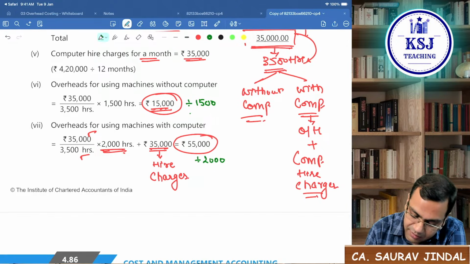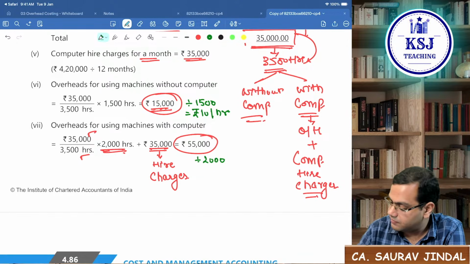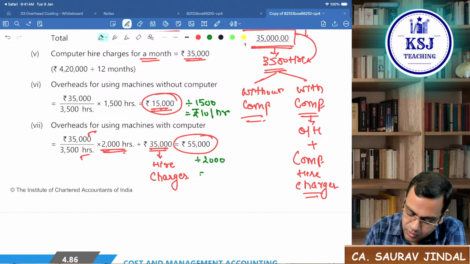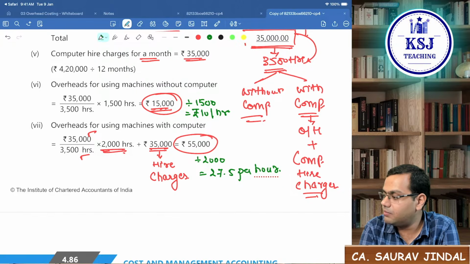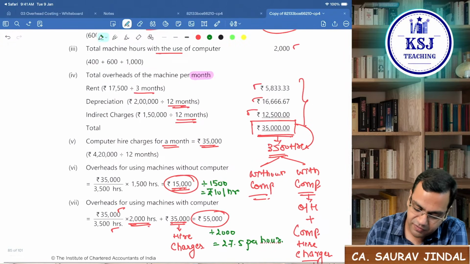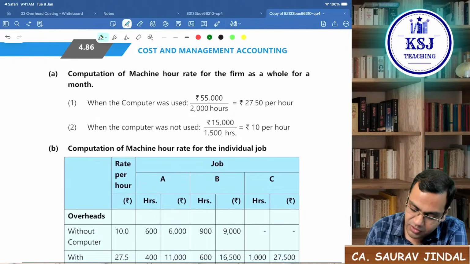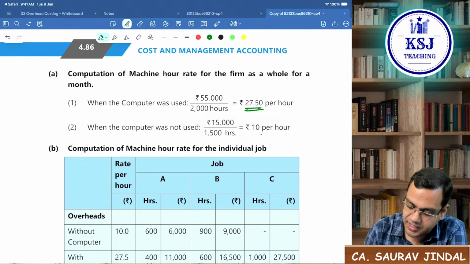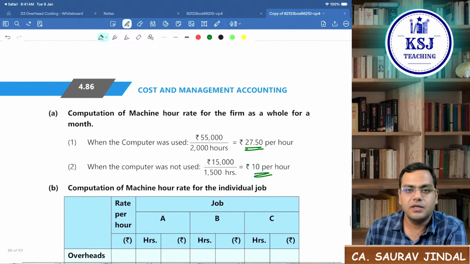So this will come to rupees 10 per hour, and 55,000 divided by 2,000 will come to 27.5 per hour. This is what they were asking for: the machine hour rate. With the use of computer, 27.5 per hour, and here 10 rupees per hour.